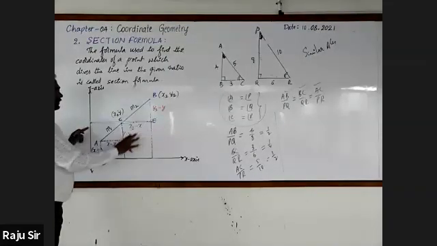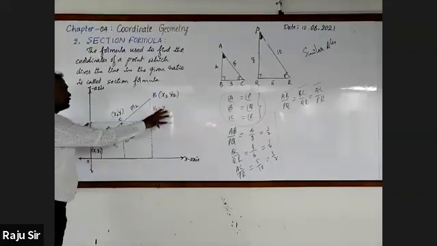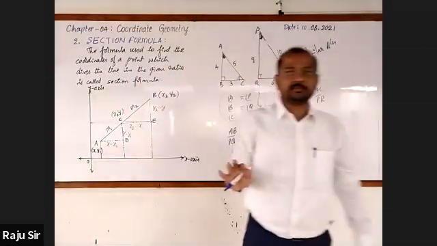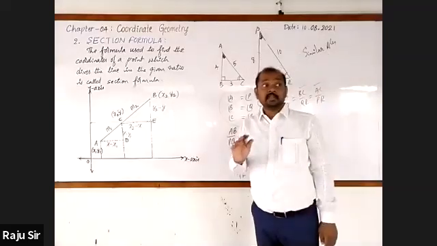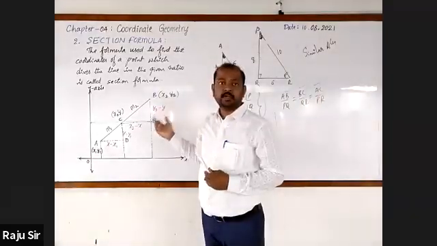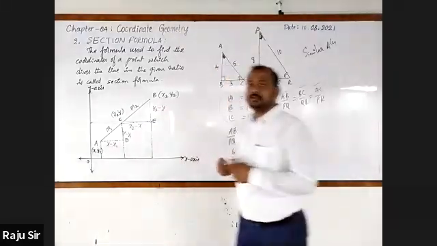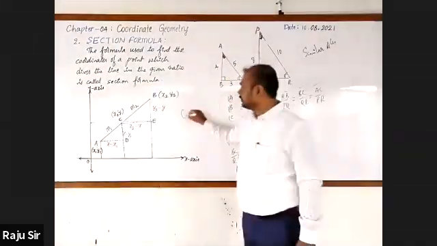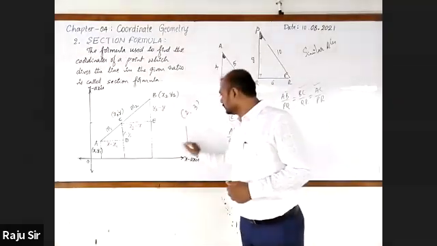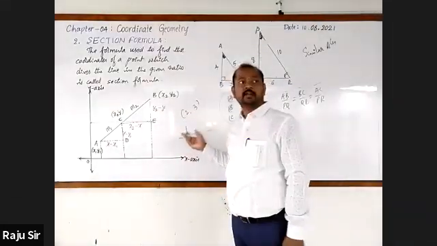Again, X2 minus X, correct. Y2 minus Y, correct. Please ask me if any doubt. In 8th standard you have learned finding the abscissa and ordinate. Question you can just recall: giving you the graph, find abscissa and ordinate.